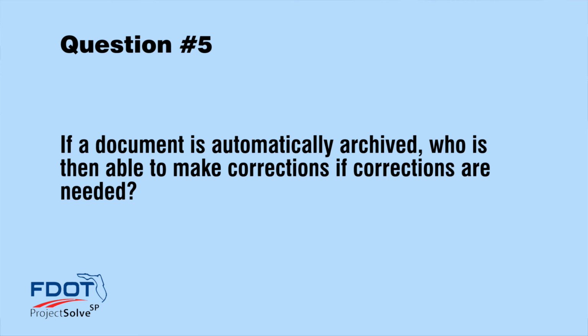Somebody messes up, they send it to EDMS, it's archived. Well, I know in my district, I have the ability and one other person has the ability to delete documents. So each individual district should have somebody who can delete archived documents. You're just going to have to explain away why it was sent in the first place. But it happens, and I understand that. So there is an ability to delete it.